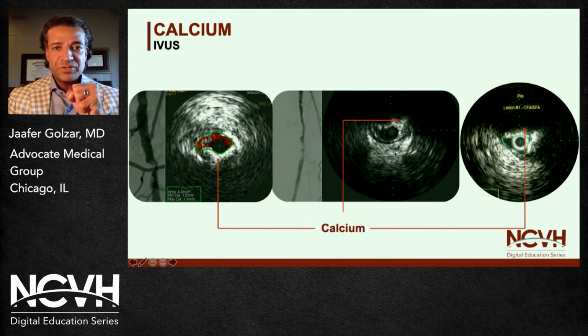On the middle screen, you see a similar situation of heavy calcification, boulder type lesions with significant luminal penetration and a small lumen there. As you can see on intravascular ultrasound, you see calcium here around 12 o'clock and shadow artifact behind that, but that's what tells you that this is calcium, in a similar situation on the right panel.